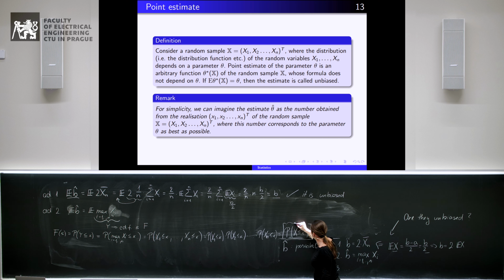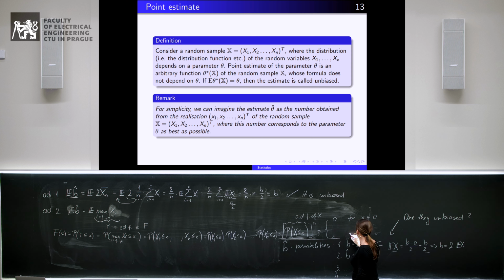And this is nothing other than the cumulative distribution function of X, which is known. It is 0 for x less or equal to the lower boundary, which is 0 in our case.